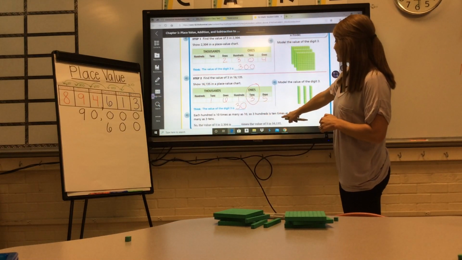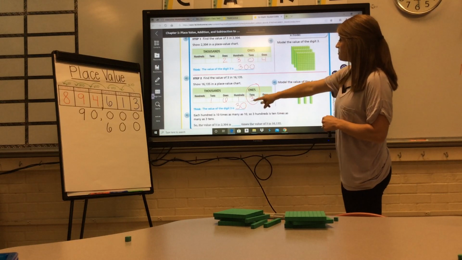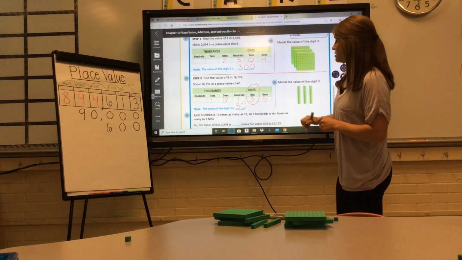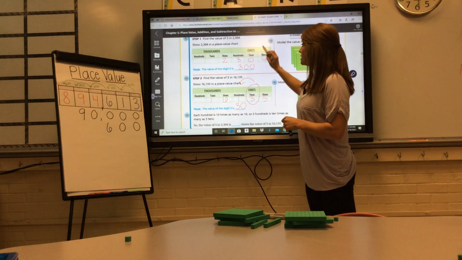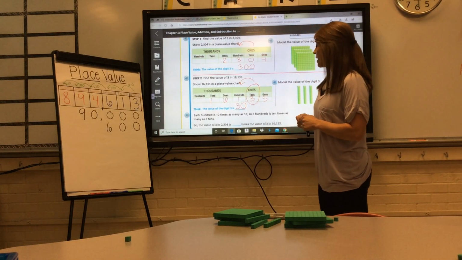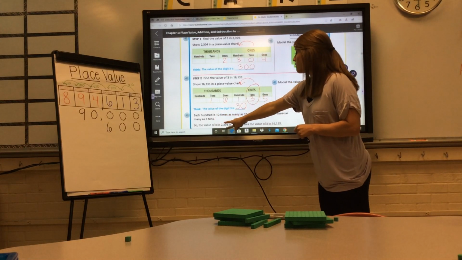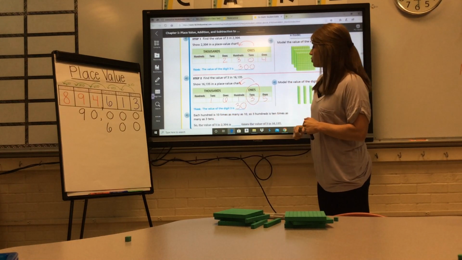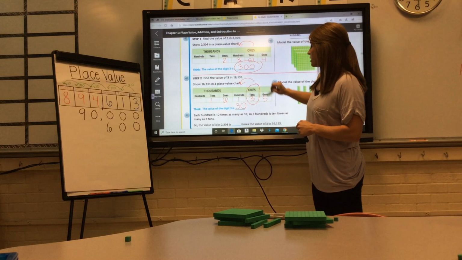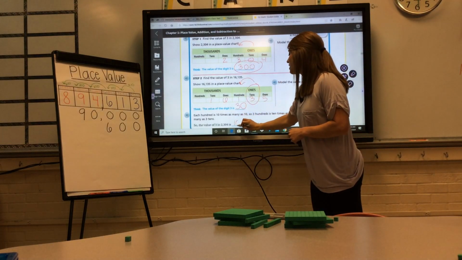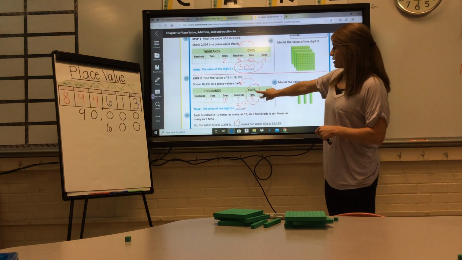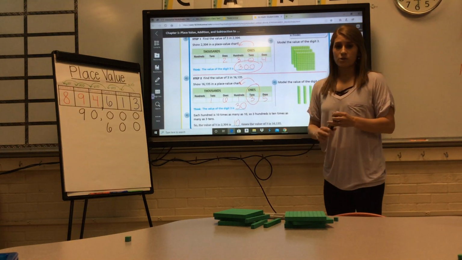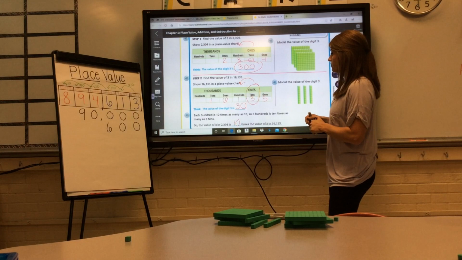So 3 hundreds is 10 times as many as 3 tens. Because when we move from the tens to the hundreds, we know we multiply by 10. So the value of the 3 in 2,304, which is 300, is 10 times the value of the 3 in 16,135. Okay?